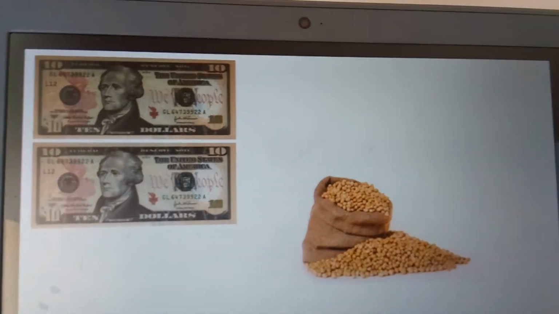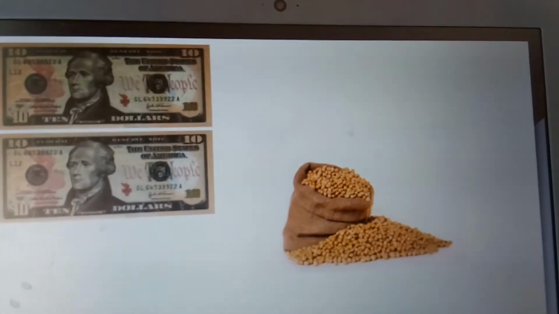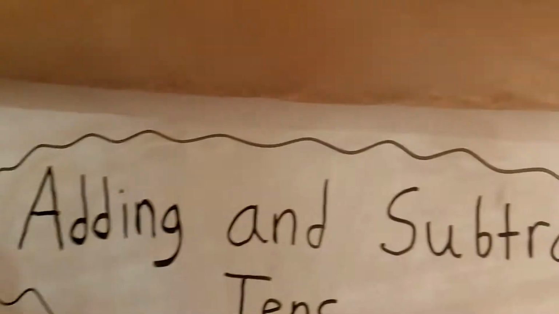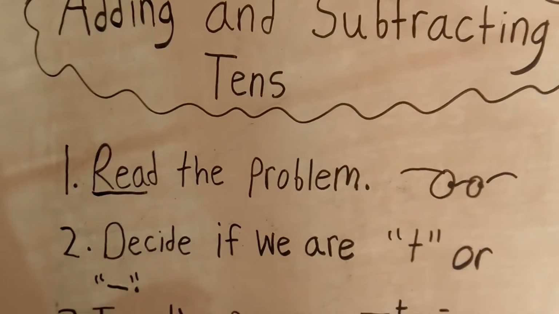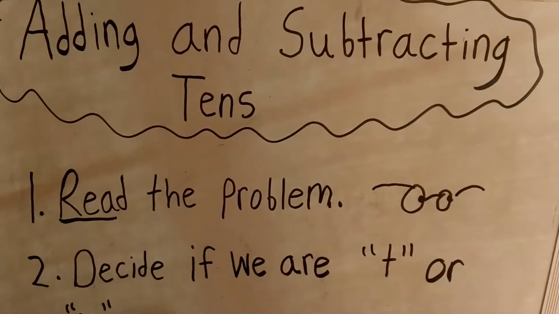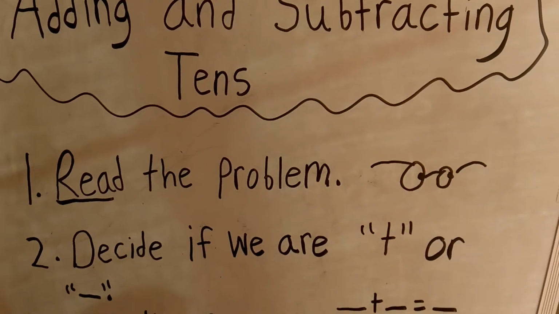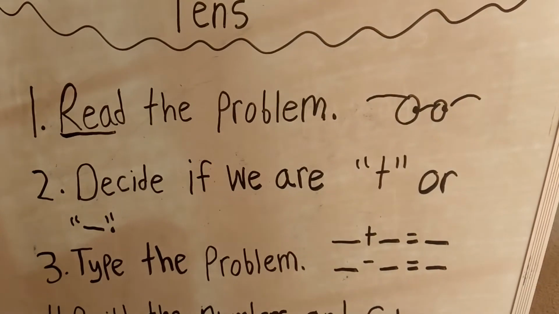So today, we are going to continue with this adding and subtracting of groups of 10 by completing the following steps. You can see on my board it says adding and subtracting tens. The first step is I need to read the problem. Number 2, we need to decide, are we going to add or are we going to subtract?